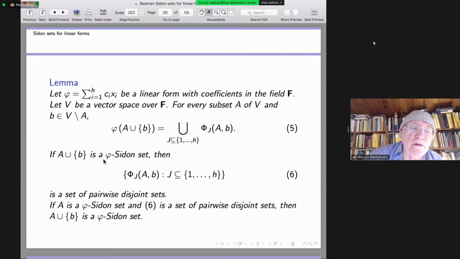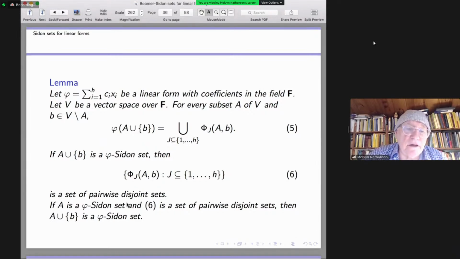So this is just a fact, right? You evaluate phi at A union B, and you look at the places where B occurs as a value of a variable, and you get a union of disjoint sets. And so this set is the union of all these guys. If A union B is a phi Sidon set, then these sets phi_j of A, B are pairwise disjoint.